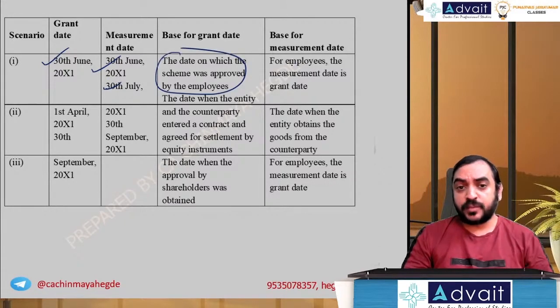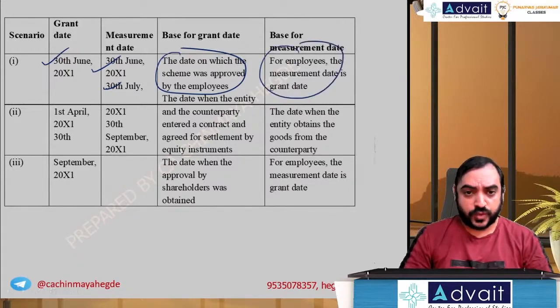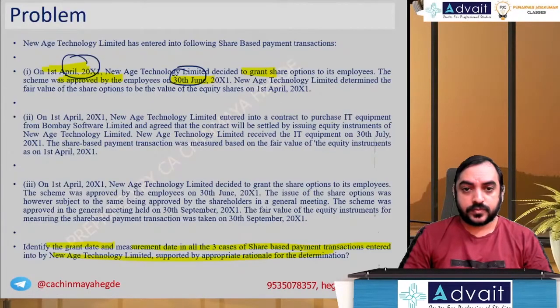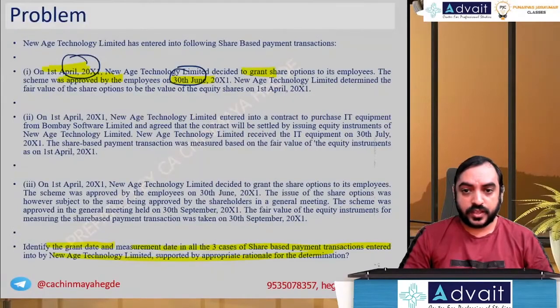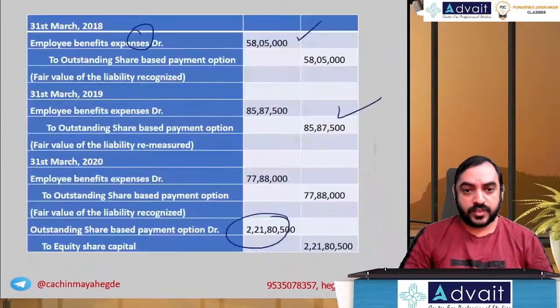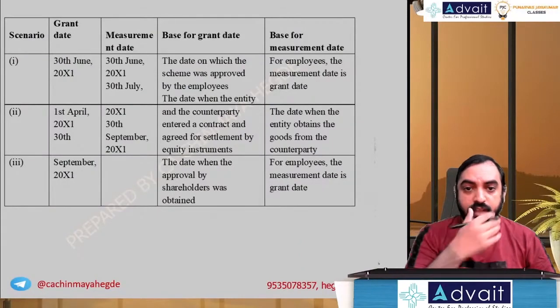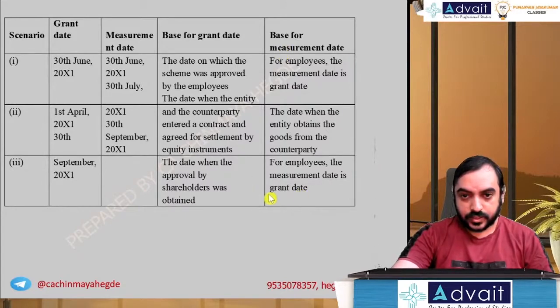So the measurement date is the grant date, so 30th of June 2001. Why does July come instead of 30th of June? Maybe that is for the next part of the question, I think.